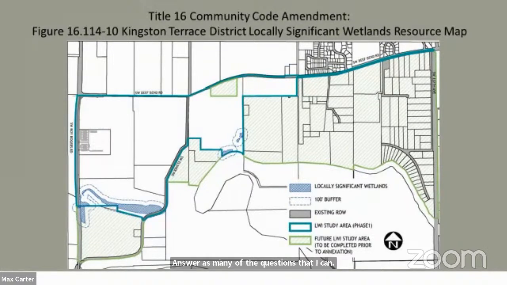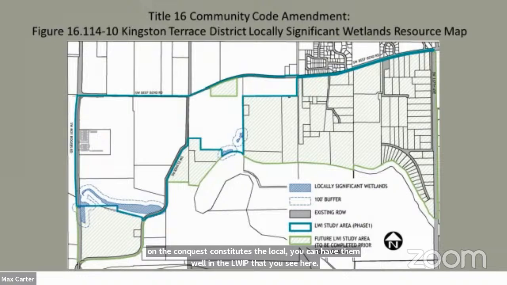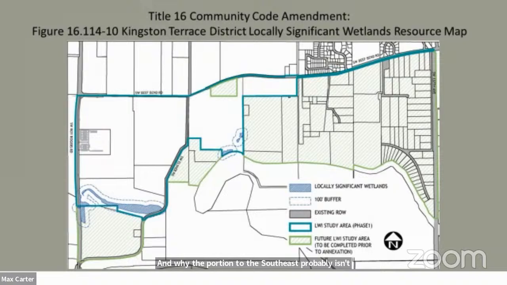I'll start with Mr. Meyer's question on what constitutes the locally significant wetland, the LWI piece that you see here, and why the portion to the southeast probably isn't considered a wetland. That area actually goes pretty steep. It's really steep up from the Tualatin River and goes up.